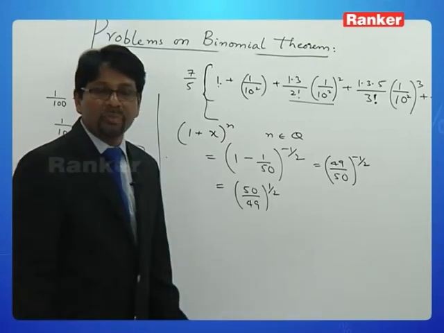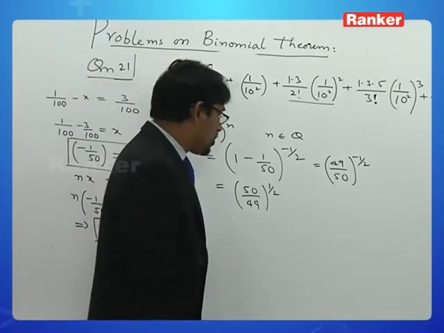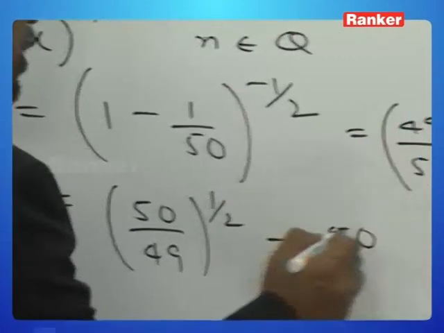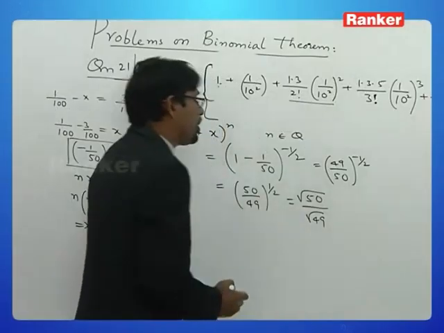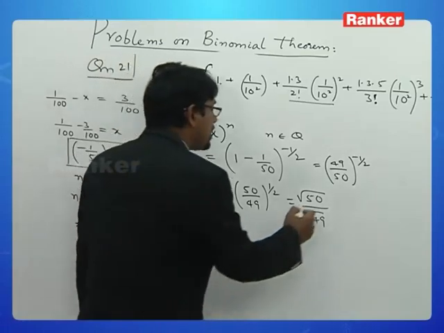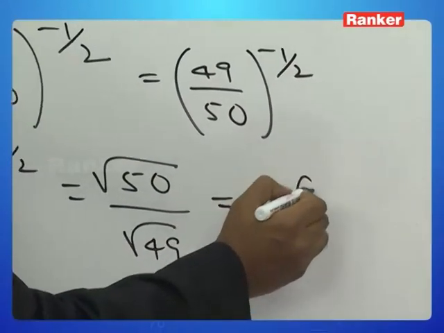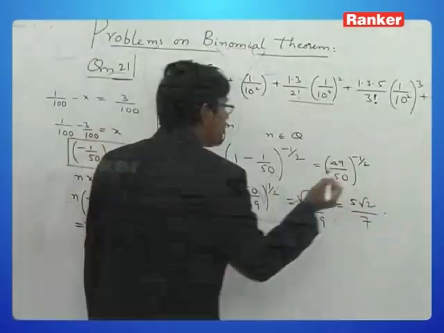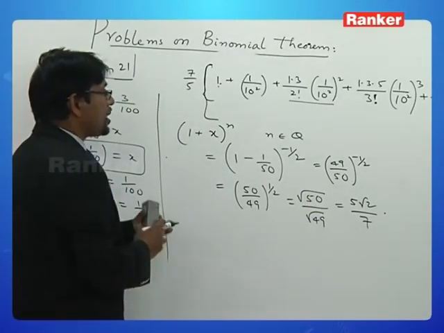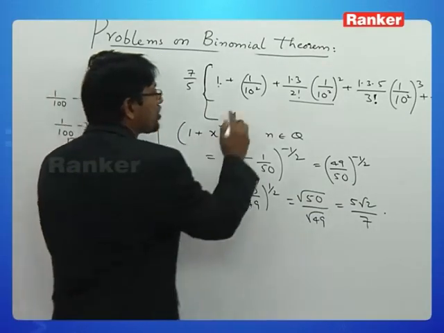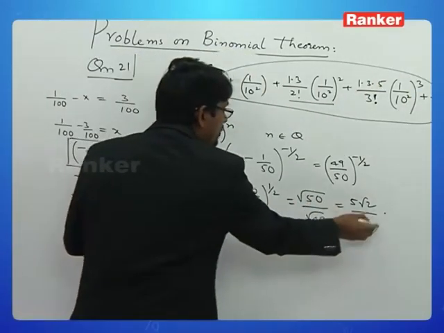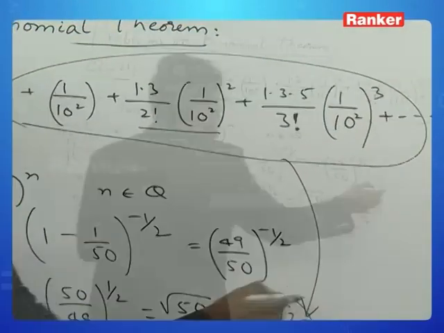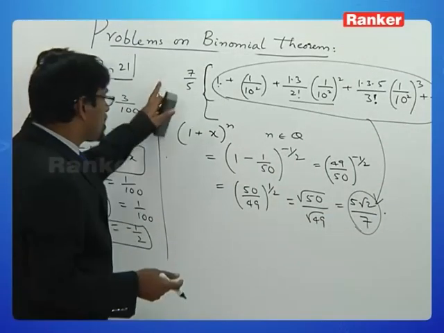What is x power half? Nothing but the square root of x. So, 50 by 49, root 50 by root 49. What is this now? This is 5 root 2 by 7. So, this entire expression which is in this bracket is now becoming 5 root 2 by 7. So, what is it now?